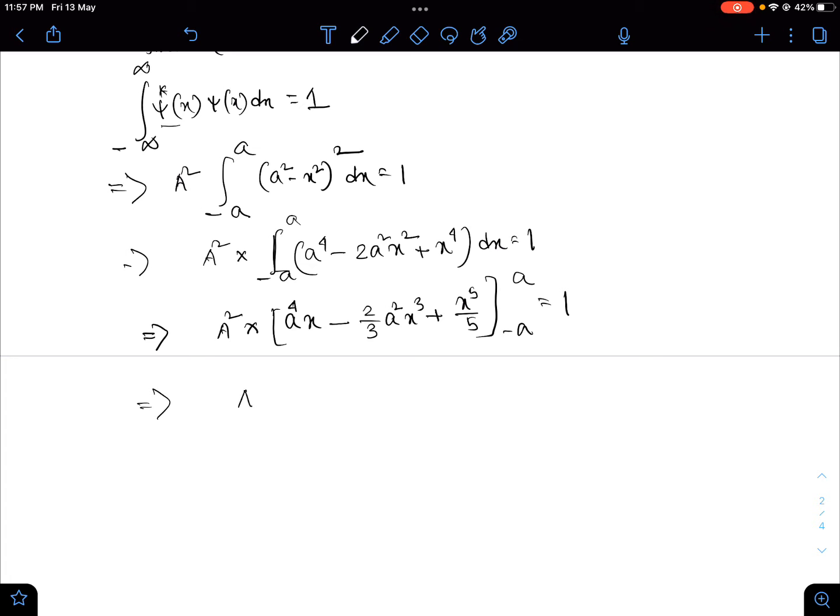So we have A squared, and since these are odd powers of x, we can write this as 2, with the limit from 0 to a.